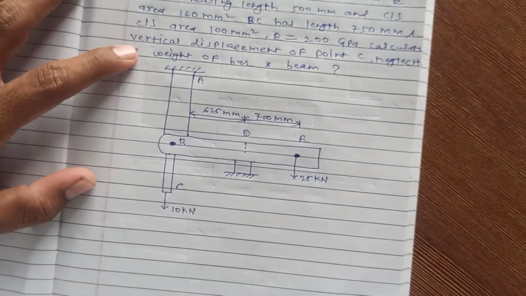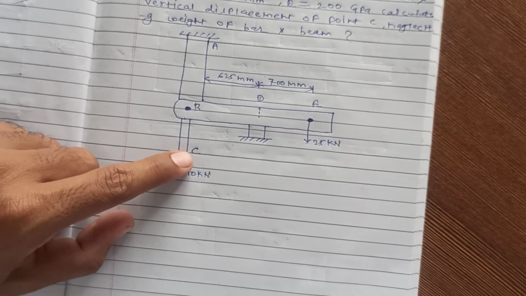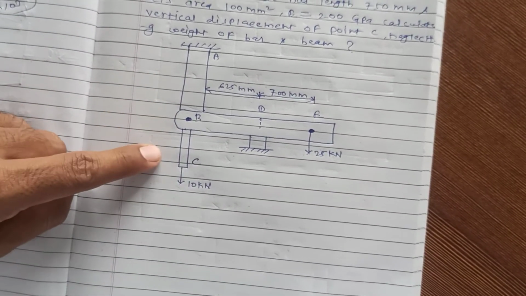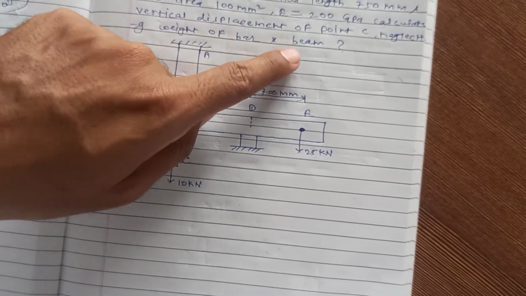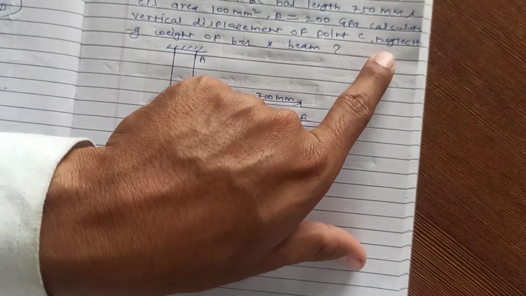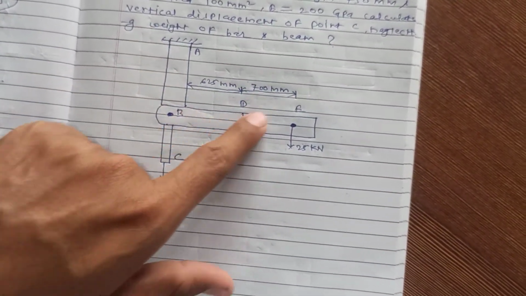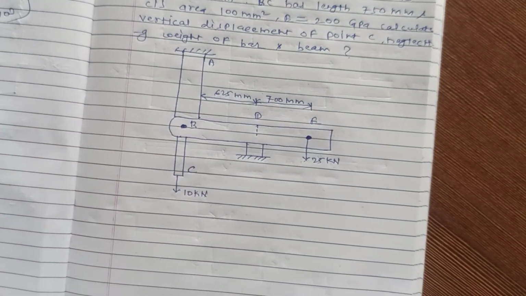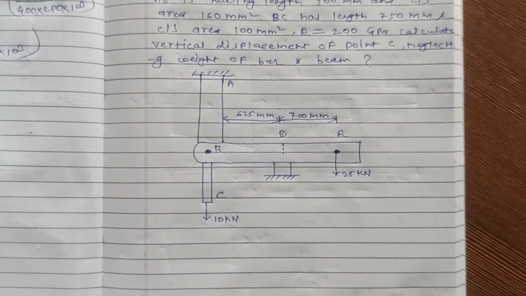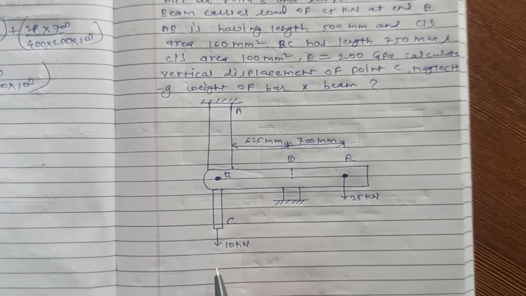So calculate the vertical displacement of point C. We have to calculate the displacement of this point C vertically, neglecting the weight of bar and beam. This is a very important condition they have given: neglect the weight of bar and beam. So we have to find out the displacement of this point C vertically.